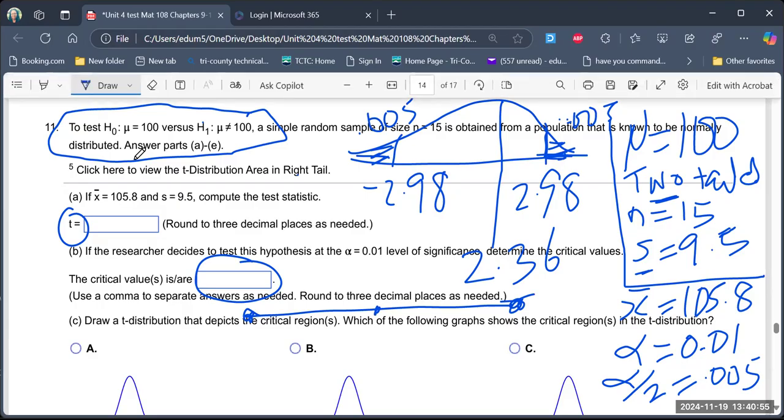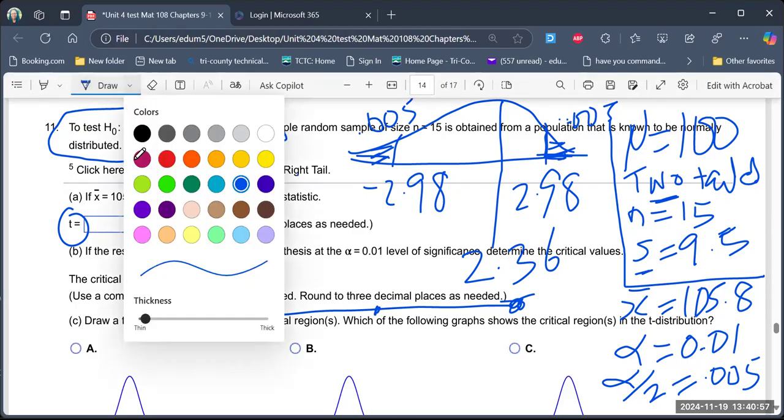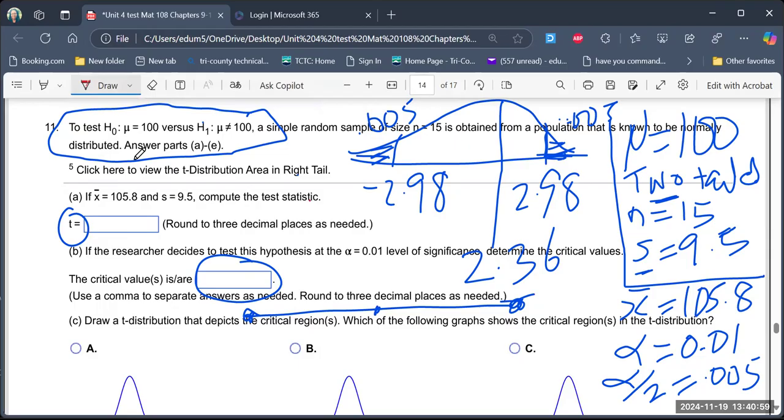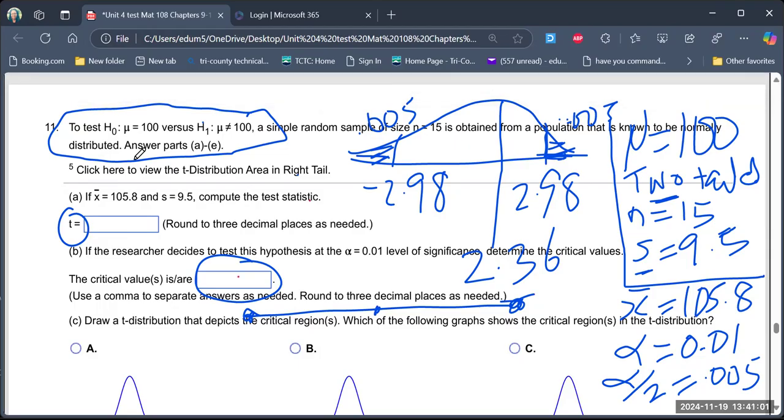So we don't know our lower bound now. It is somewhere here, lower bound, upper bound. The point estimate is X bar, and X bar is 105.8. So we already know that our upper bound has to be greater than 105.8, and our lower bound has to be lower than 105.8.